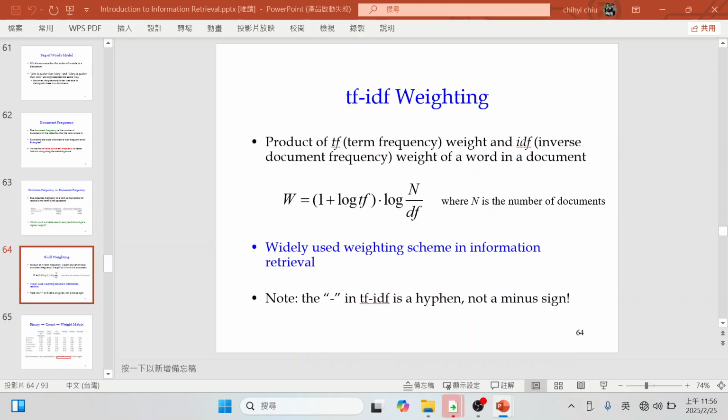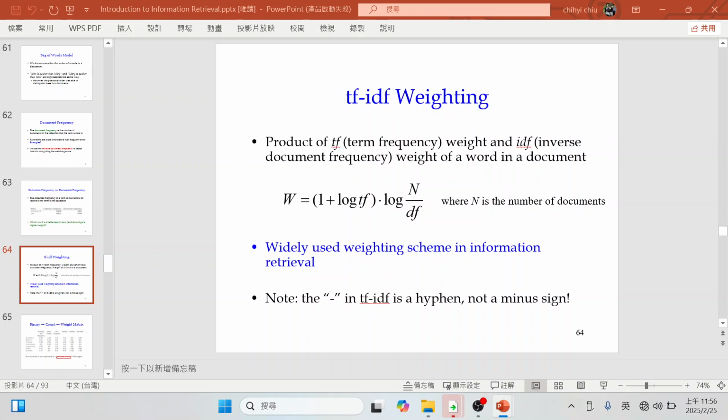If it's large, this means the importance of this term will get smaller. So it is formulated as an inverse document frequency. We just multiply the two terms together to get the final weight for the word in the document. This equation has been widely used in information retrieval for decades.